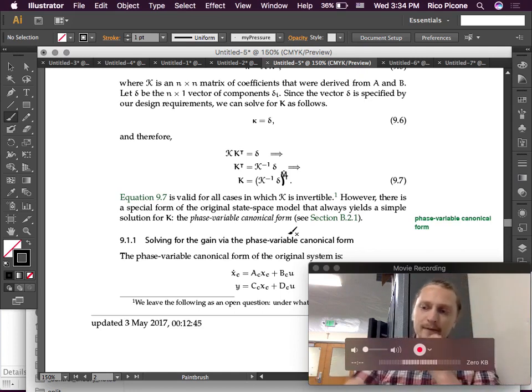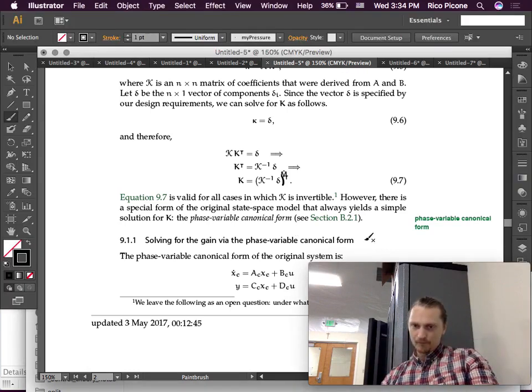I will, however, mention this since we're on this little sidebar. Something that you haven't experienced that a lot of folks who learn how to make a state model have experienced is constructing a state space realization, they're called. That's when you go from an input-output ordinary differential equation, like an nth order one, to a state space model.